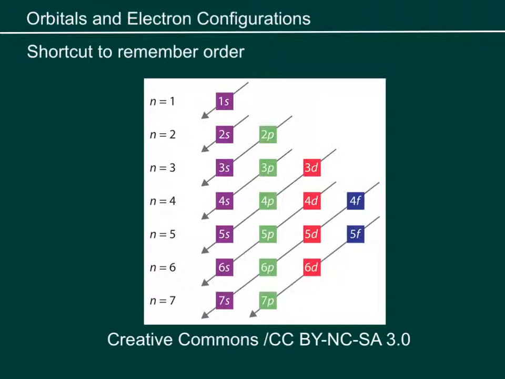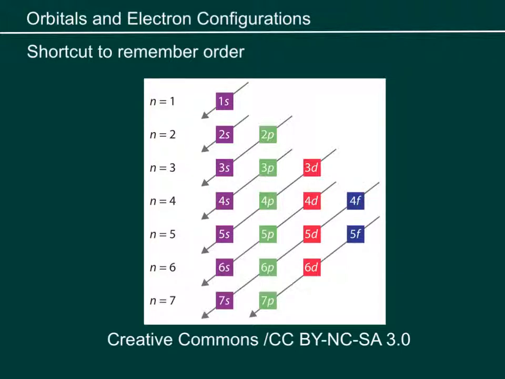So one handy way to remember this is if you write out n equals 1 through n equals 7 down the side. You start with the 1s, the only orbital at n equals 1. At n equals 2, you have a 2s and a 2p. Then you have a 3s, a 3p, a 3d. And at 4, you have a 4s, 4p, 4d, 4f, and so on.